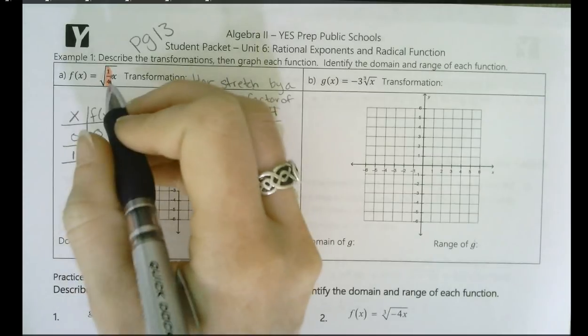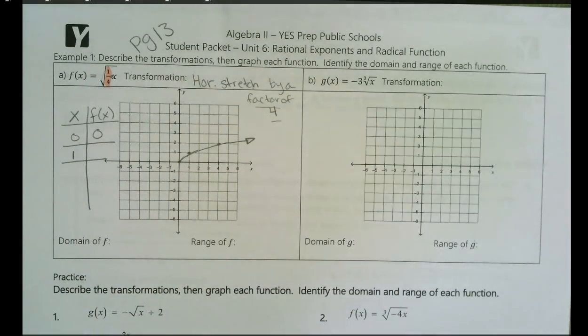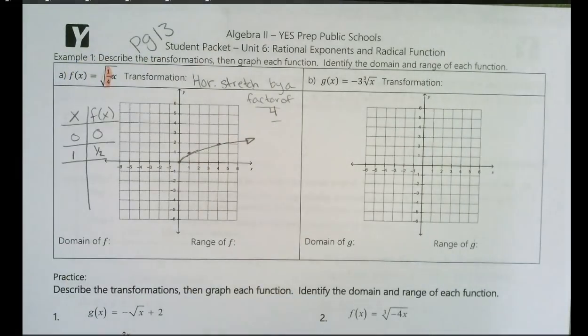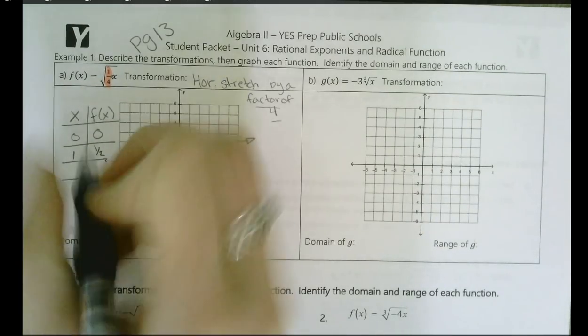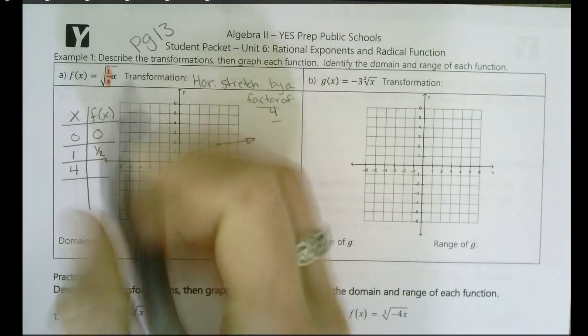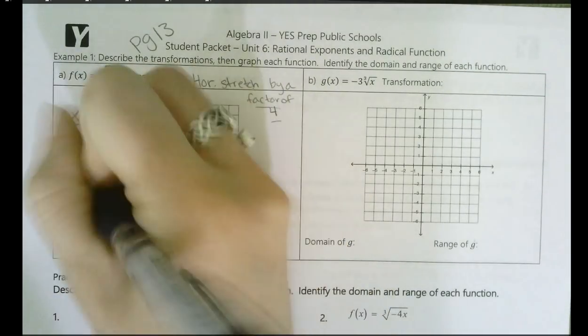Well, the square root of 1/4 is going to be 1/2. If I plug 2 in, we won't get anything nice out. But next, if I plug 4 in, 4 times 1/4 is 1, and the square root of 1 is 1.